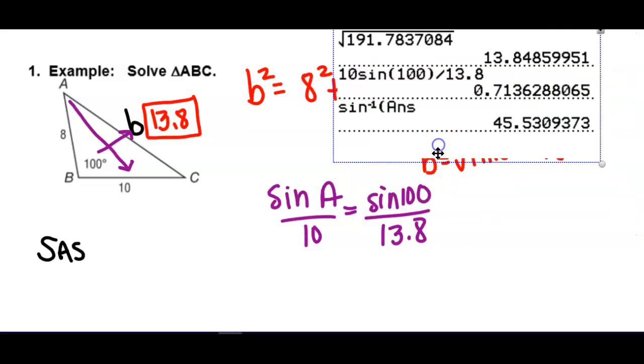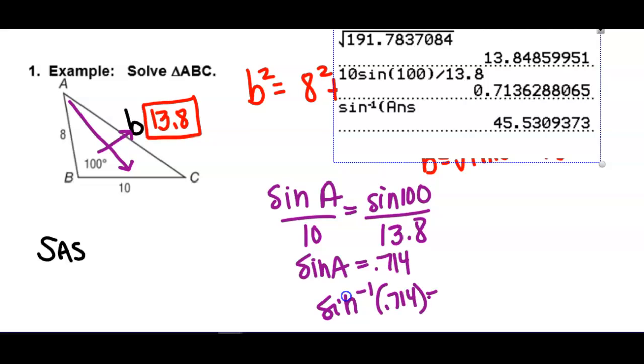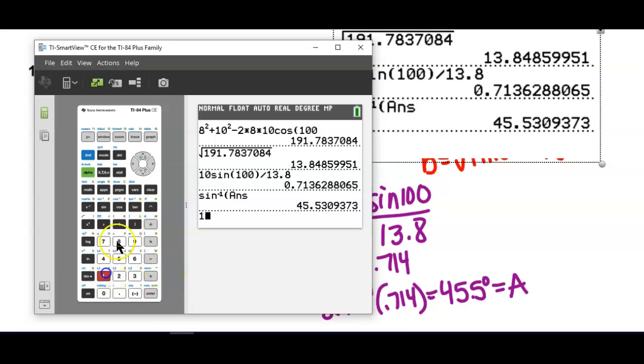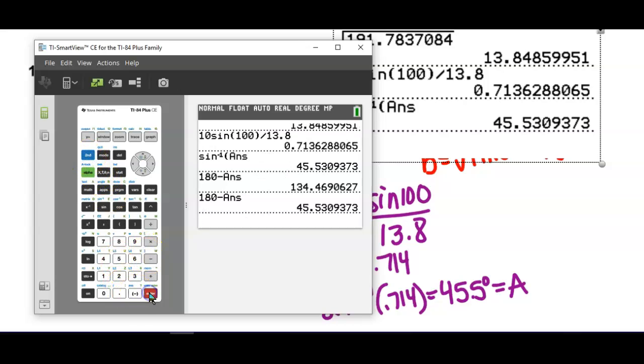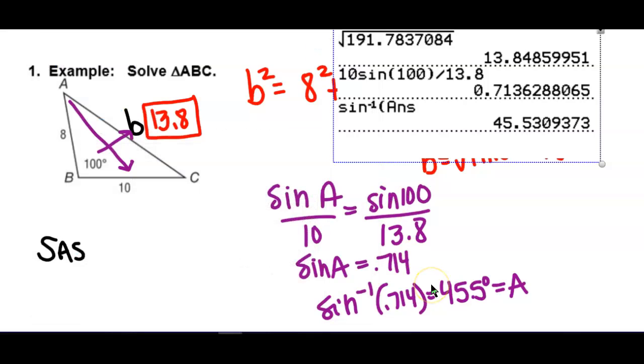So we wound up with the sine of A was 0.714, so inverse sine came out to be 45.5 degrees, and that's angle A. Now, we did inverse sine, so we're really supposed to also do 180 minus that answer, and look and get, 134.5.